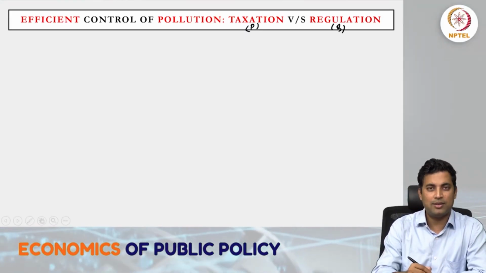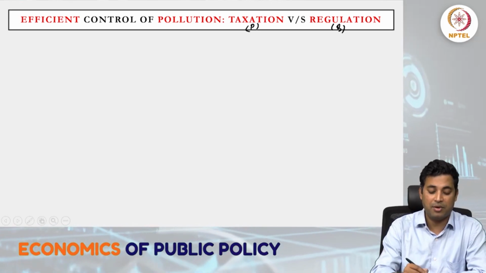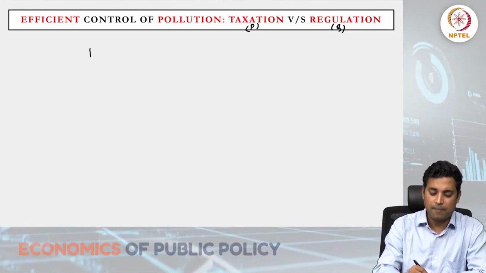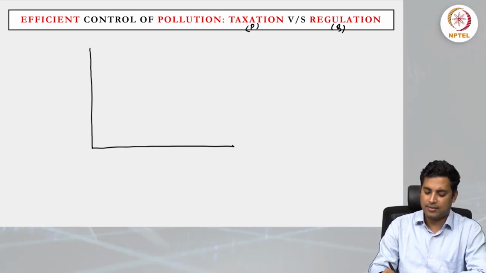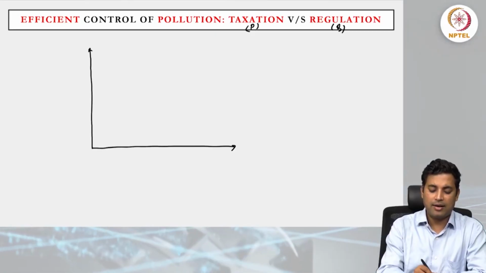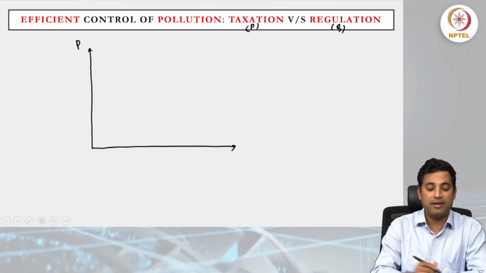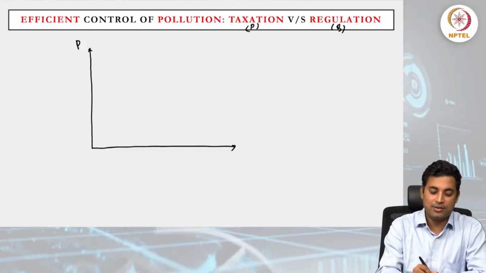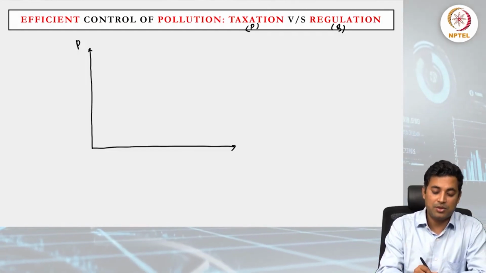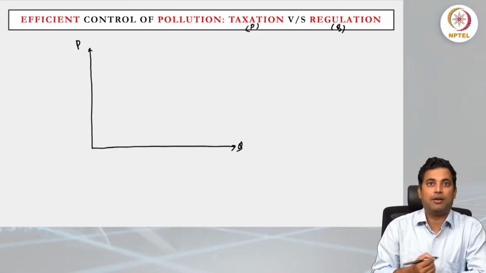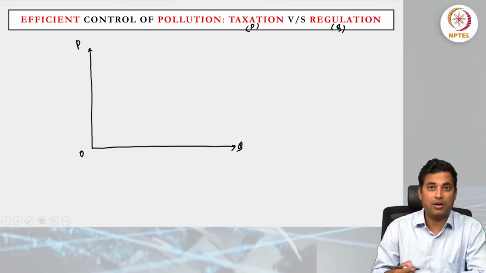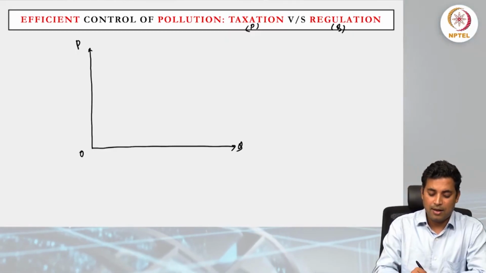Just to summarize what we discussed in our previous slide: on the vertical axis is the price of pollution, and on the horizontal axis the quantity of pollution.